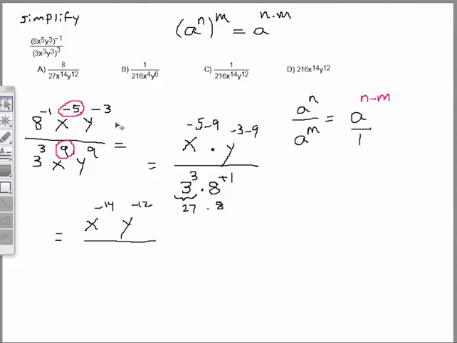So you multiply that, you would get 216. Okay, 216. Now we need to make the two terms at the top of the fraction positive. So we move it down here. That becomes x to the power of 14, y to the power of 12, and then 216 stay down here. So we only have 1 at the top of the fraction. So it looks like that C is the right choice here for us.